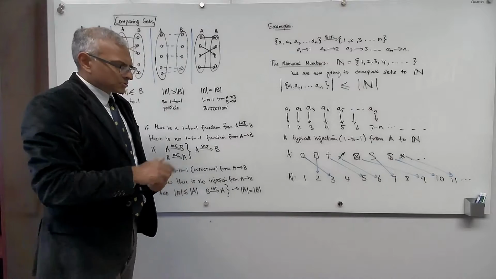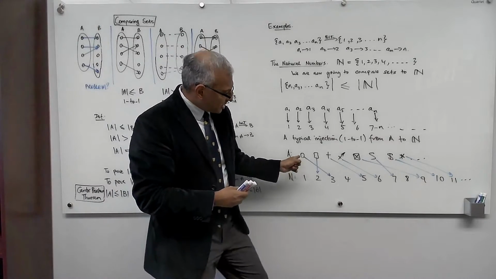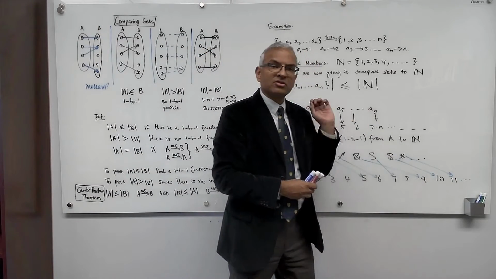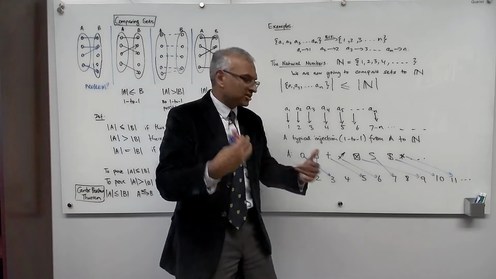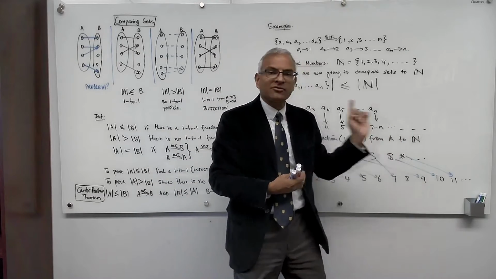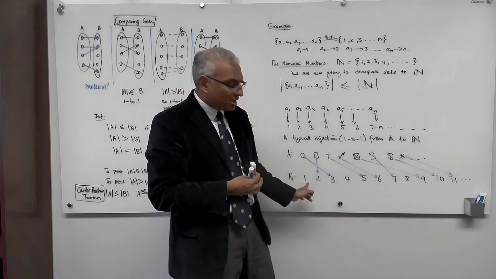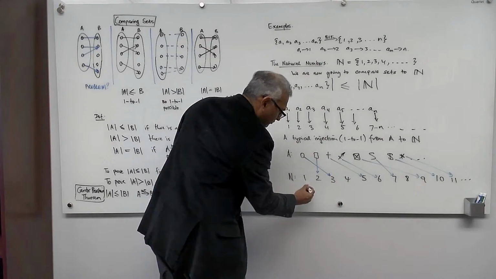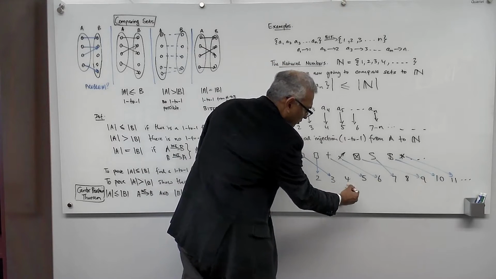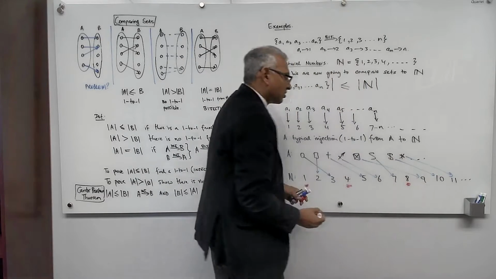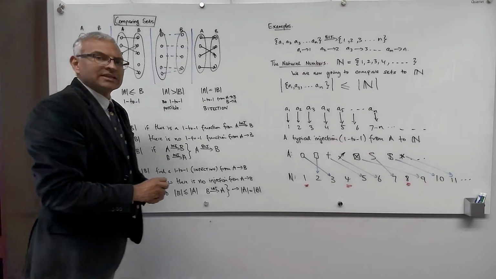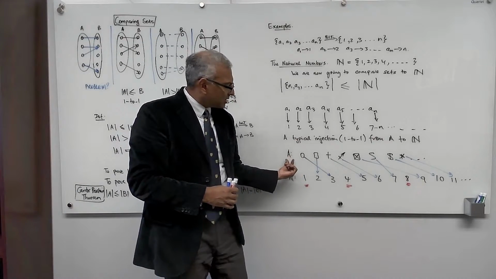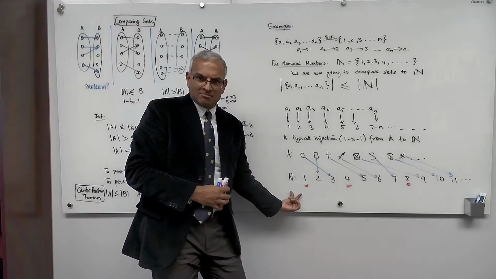So what you will observe is that I'm not skipping over any elements of A. In this injection, it has to be a valid function, so you have to tell me where every element of A maps. But you can skip over elements of N. See, I've skipped over some, so I'm not using all the elements of N. This is what a typical injection from a set to the natural numbers might look like.